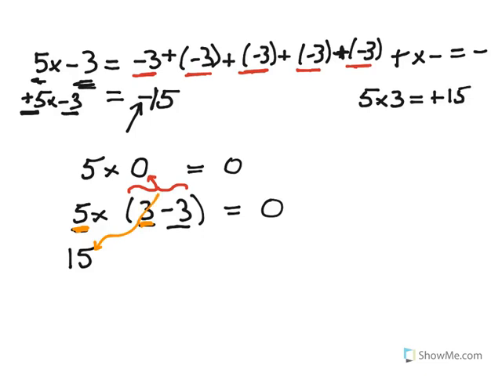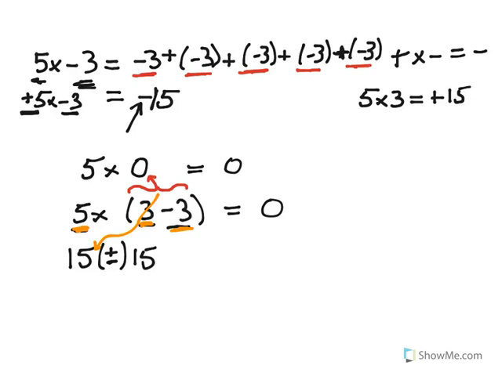Now we multiply 5 by minus 3 here. So 5 times 3 is 15. But we don't know whether this should be a plus or a minus yet, if we haven't quite decided whether 5 times minus 3 should be plus 15 or minus 15.